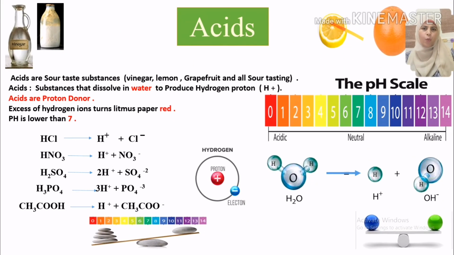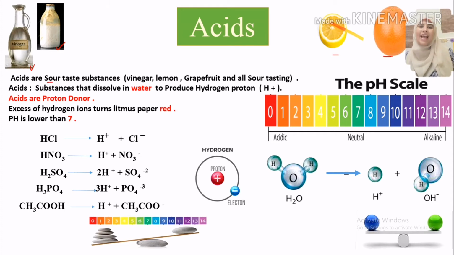Now we want to know what is the meaning of acid. Acids, we can find them in different compounds in our daily life. We can find them in lemon, orange, grapefruit, vinegar, and spoiled milk. All of these compounds have a sour taste.